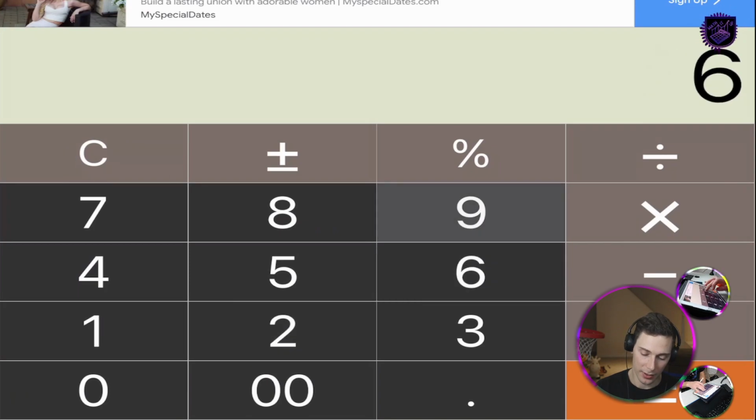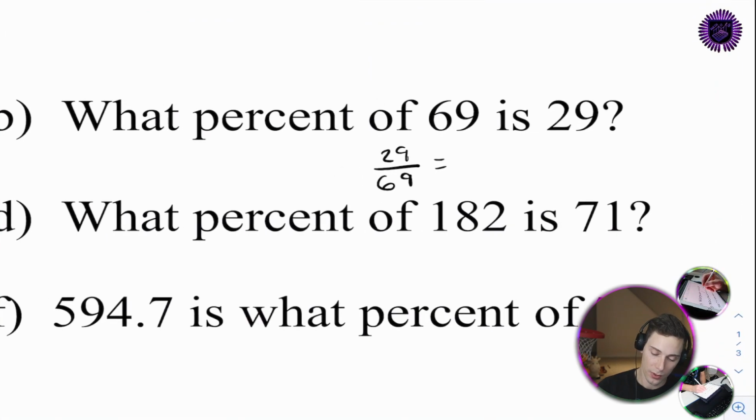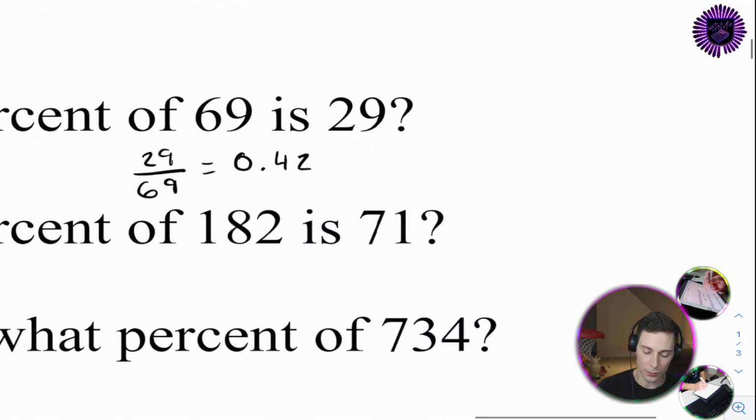29 divided by 69 is equal to 0.4202. So I'm just going to write my actual decimal number, 0.42. Now, we can write that as over 100, and we can multiply by 100, and that's going to give us our percentage of 42%.